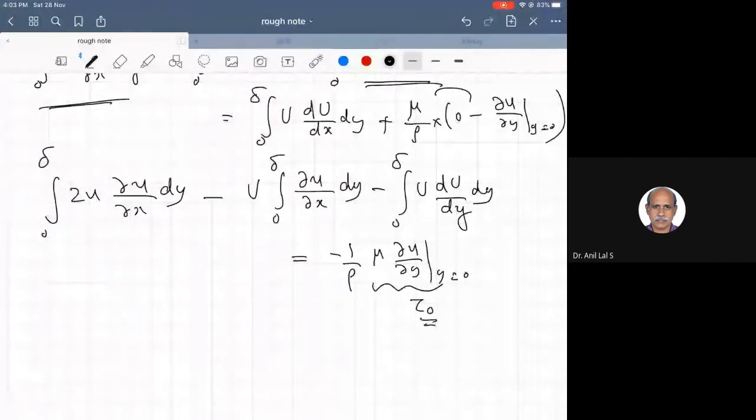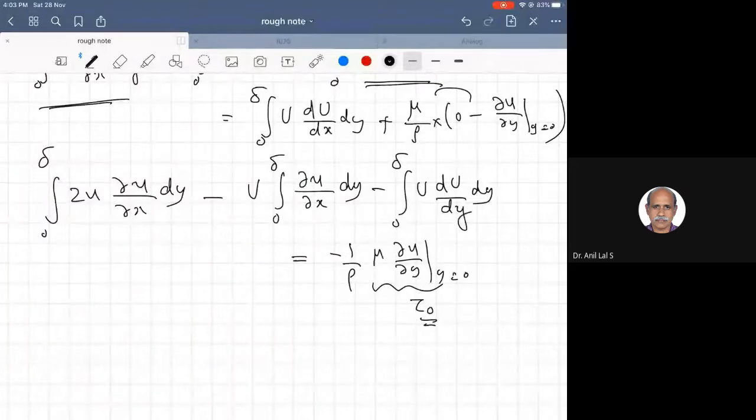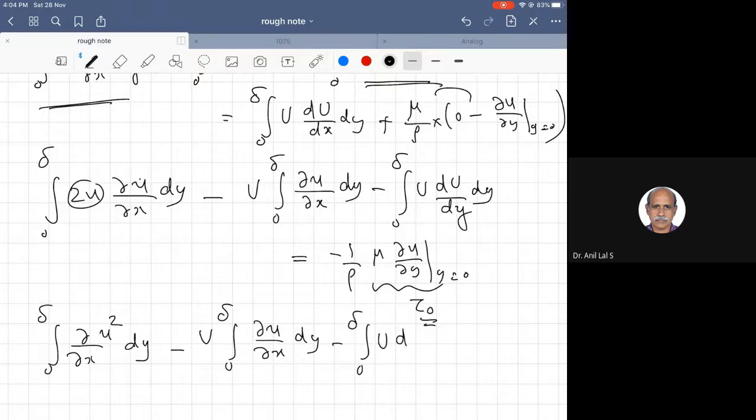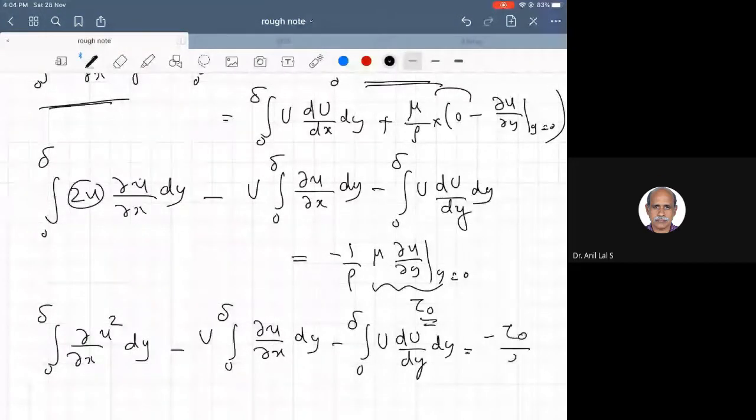And we'll make one more simplification. 2u dou u by dou x is integral 0 to delta of dou by dou x of u squared, minus u into integral 0 to delta dou u by dou x dy, minus integral 0 to delta capital U du by dy is equal to minus tau naught by rho.